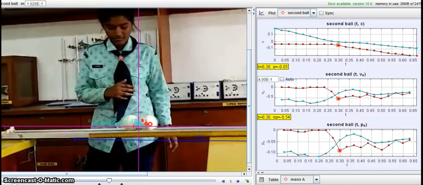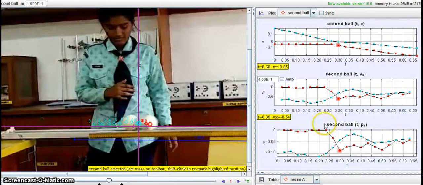From the calculation, we had determined that the total initial momentum of the system is equal to 0.09 kilogram meter per second before the collision. If you look at the graph, this is the graph of momentum at the direction of x, and this is the initial momentum of the system, and this is the after momentum of the system.